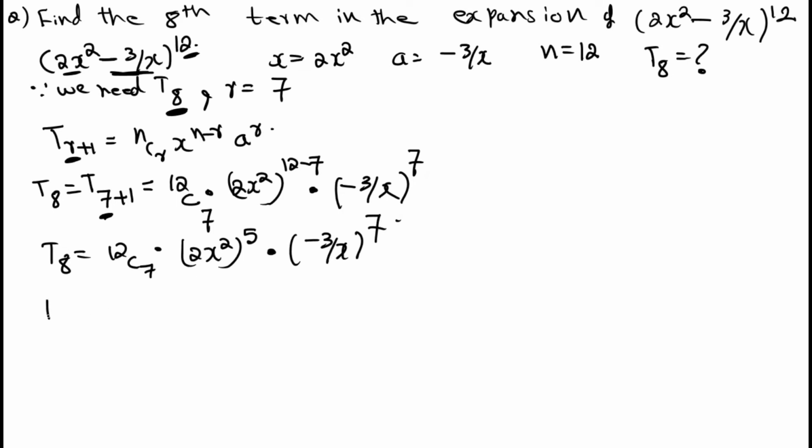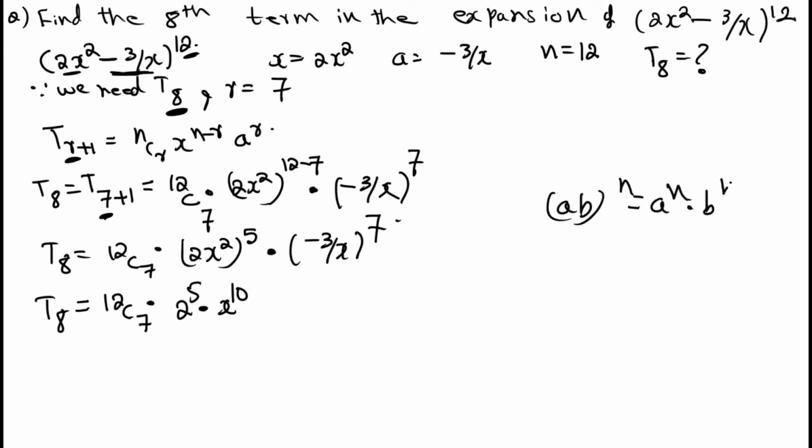Okay, now see, T8 is equal to 12c7 into 2x square to the power 5 is there. You can write it as 2 to the power 5 into x to the power 10. Why? AB to the power n equal to a to the power n into b to the power n.